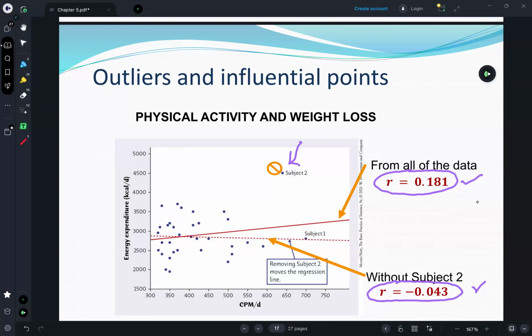So much weaker. Not only did it go from positive to negative, but it also became a much weaker correlation. So just by having one outlier in or out of the data set can have that much of an effect on the correlation and the regression line as well.